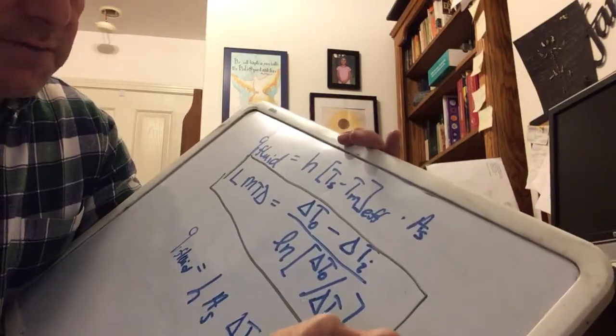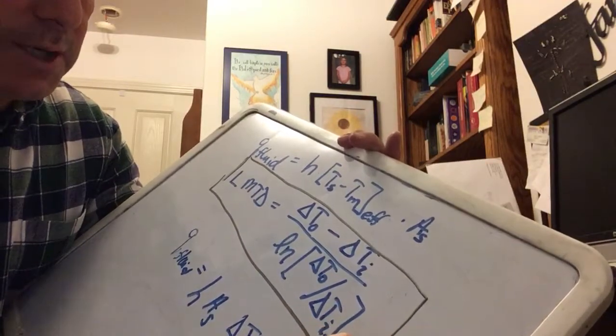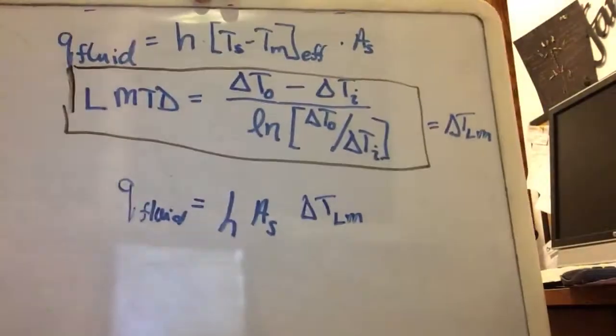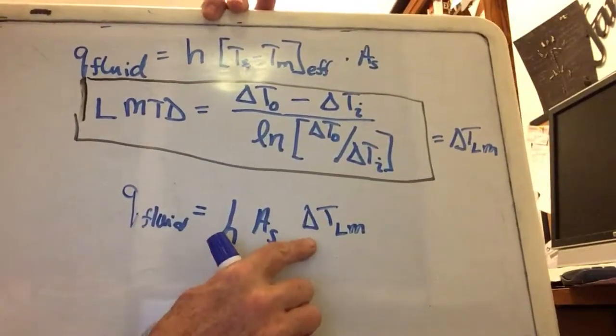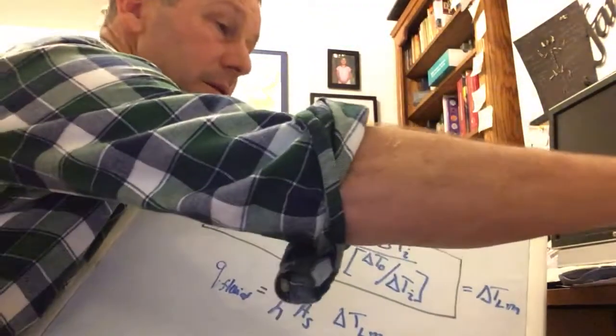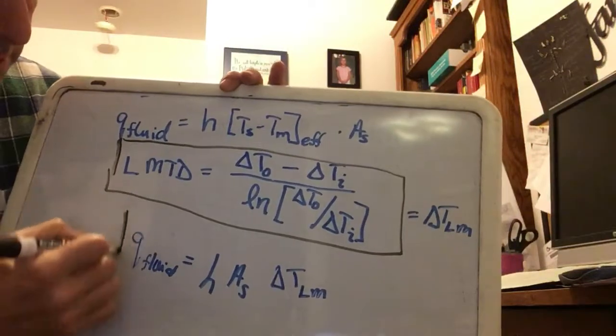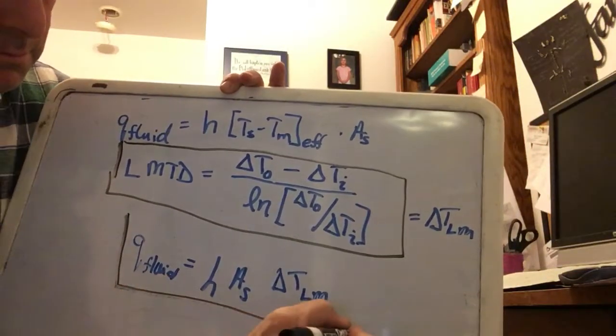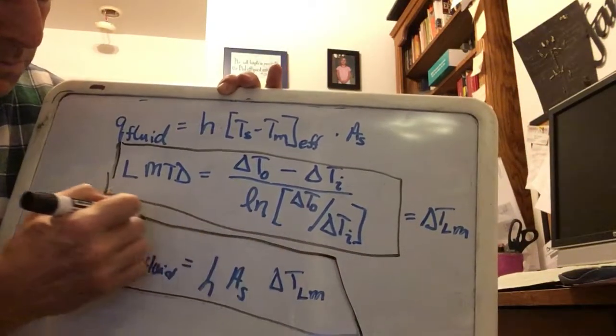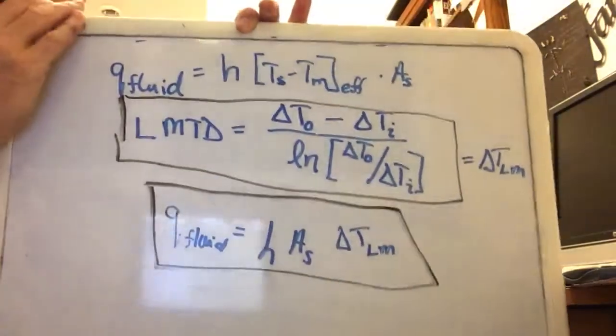I'm going to use a different symbol that is used sometimes in the book: the log mean temperature difference is sometimes denoted delta TLM. Let me go ahead and box that. So you're good to go.